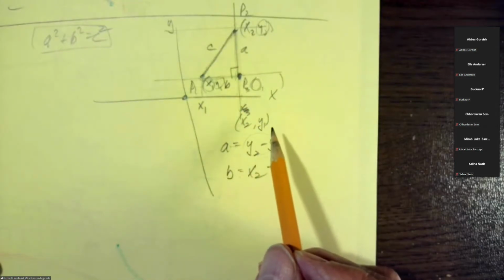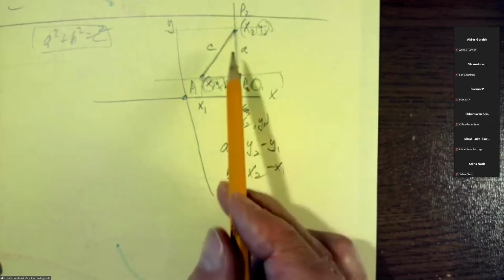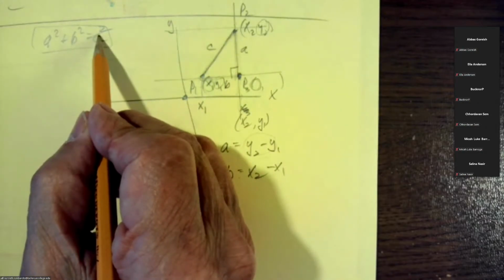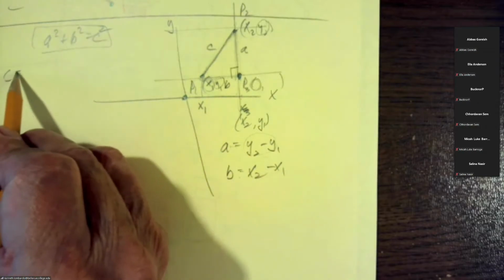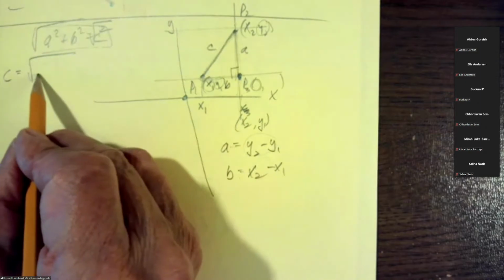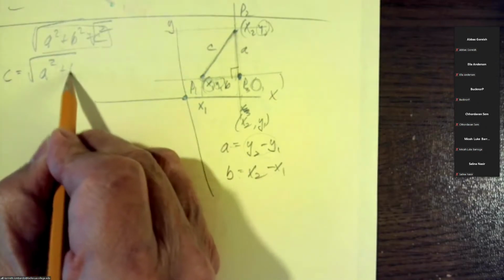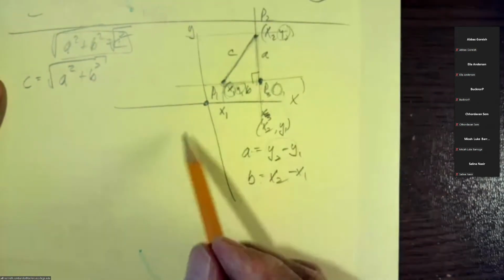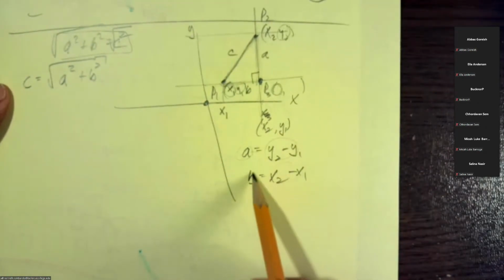Okay, so I've got a and b in terms of x and y, which is what I have in my xy coordinate plane here. So if I want to calculate the distance c, I could solve this equation, take the square root of each side, and say c equals the square root of a squared plus b squared. And then I just have to plug in the values for a and b into this equation.